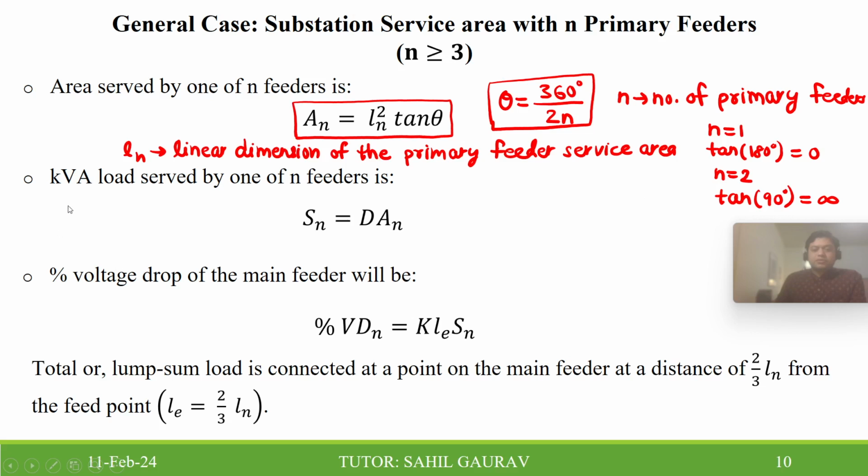Now the next thing is the kVA load served by one of n feeders. It will be computed by this expression S_n equal to D into A_n. This is the kVA load served by n feeders, so this unit is in kVA, and D is the load density.